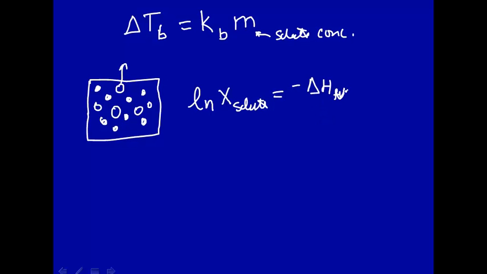Vaporization over R, 1 over the boiling point of the pure solvent minus 1 over the boiling point of the solution. Okay, we'll do the exact same things we did before.